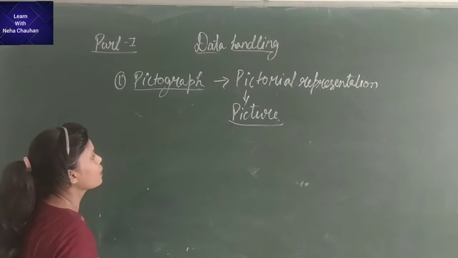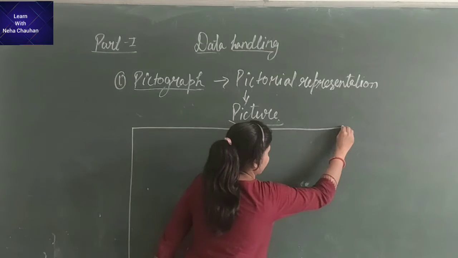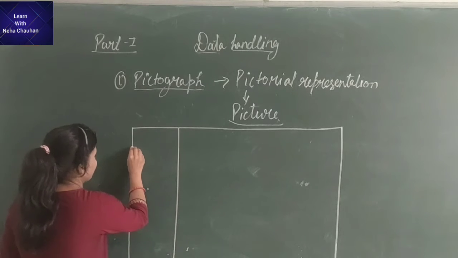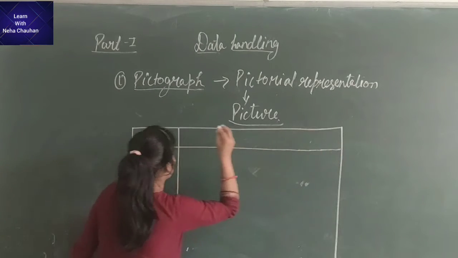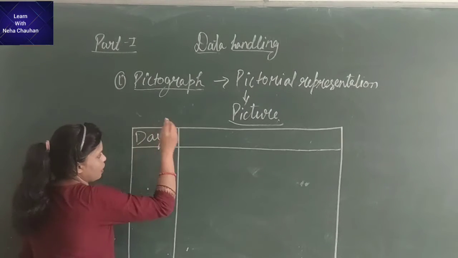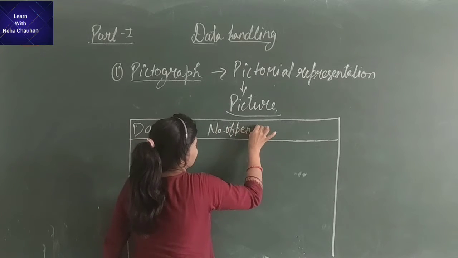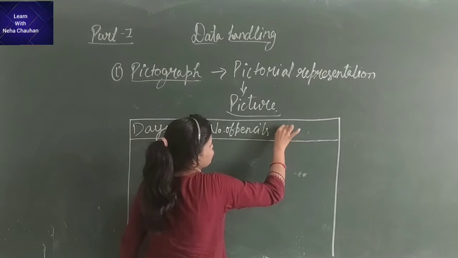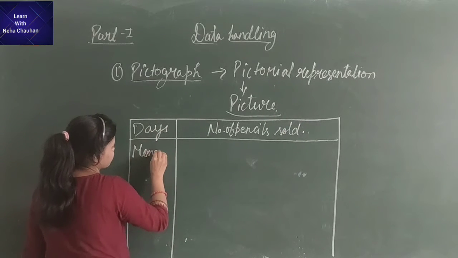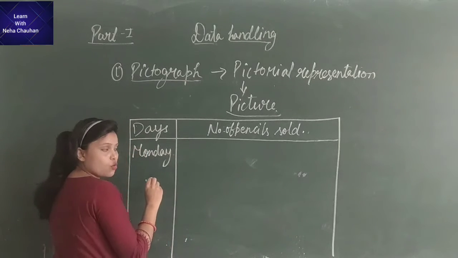What we have pretended, we have to make a table on this, days and number of pencils sold, right? So on Monday, how many pencils were sold? 500.